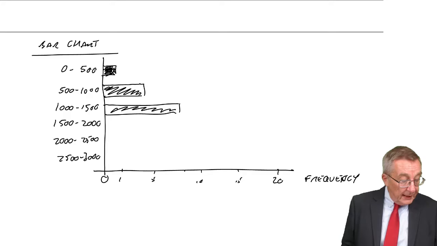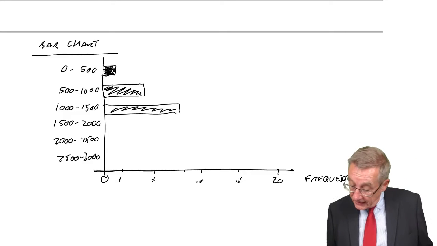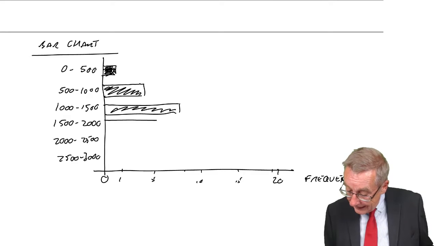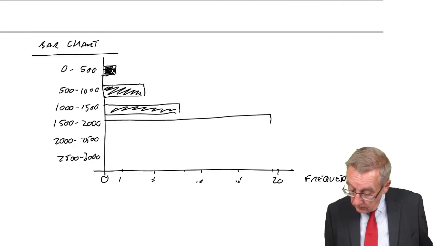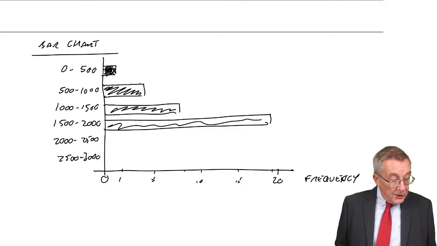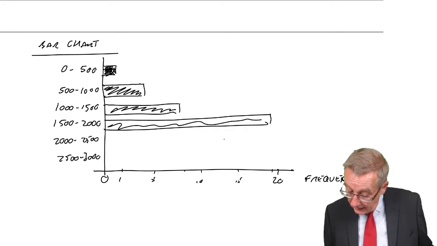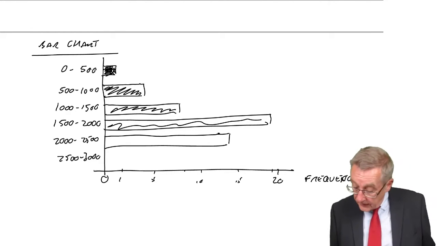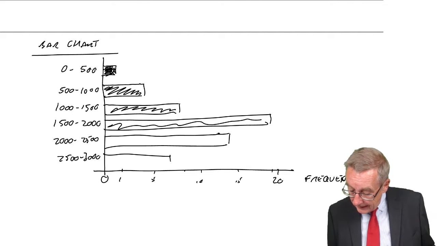I think you can see what's happening. 1,500 to 2,000 is 19, which is up here. 2,000 to 2,500 is 14. And finally, 2,500 to 3,000 is 6.